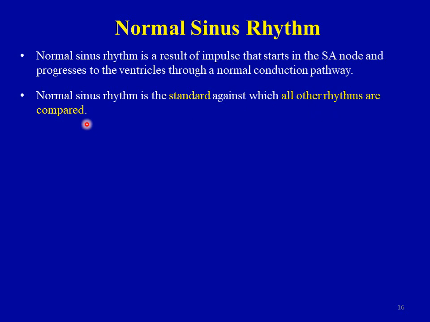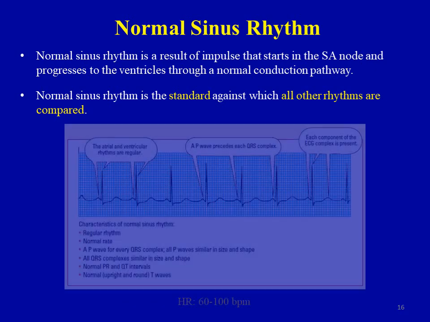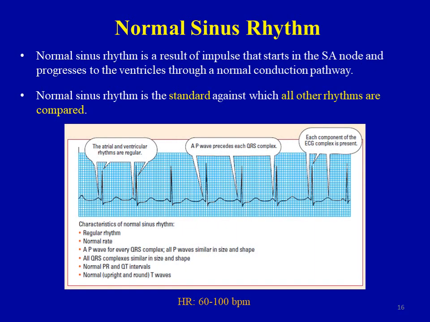So whenever we get an ECG, we compare that ECG with the normal sinus rhythm, and then we come to know whether we have a normal rhythm or an arrhythmia. What are the characteristics of a normal sinus rhythm? First of all, we can notice that the atrial and the ventricular rhythm are regular.